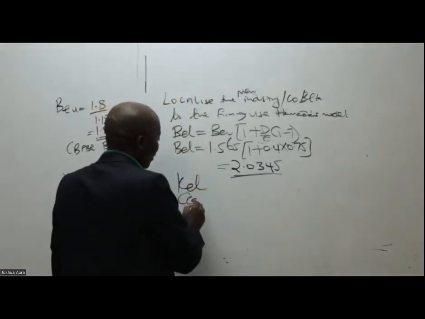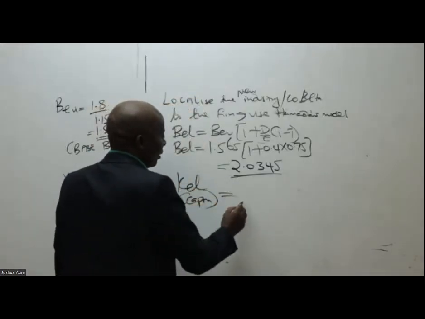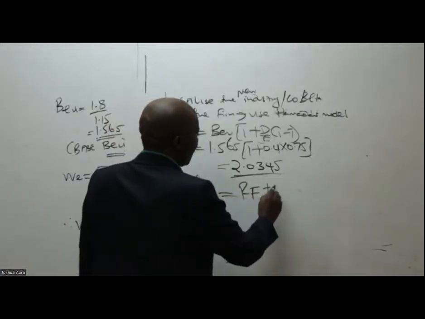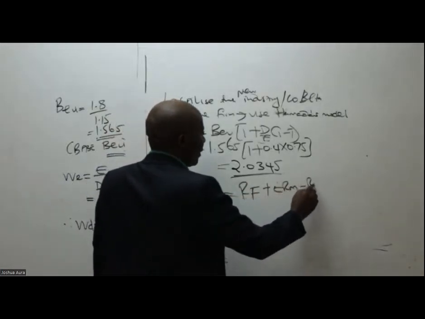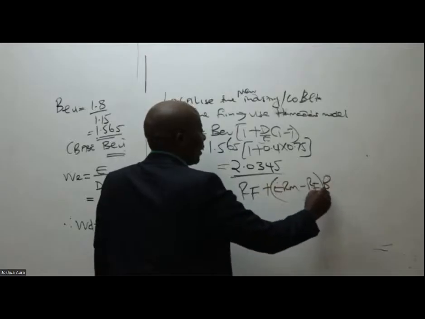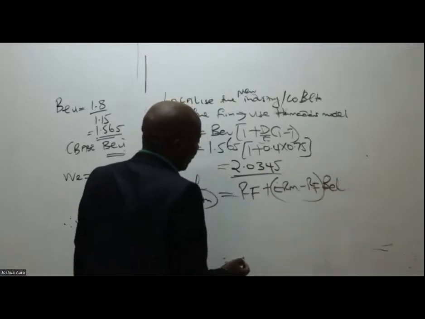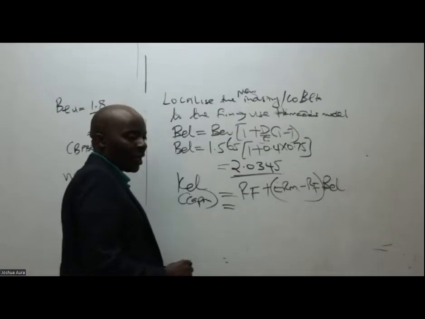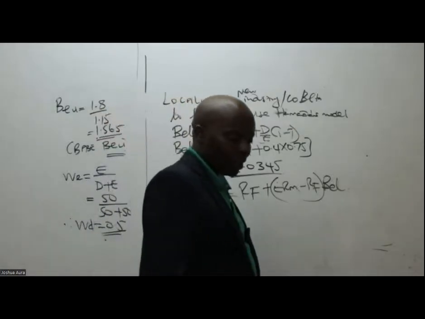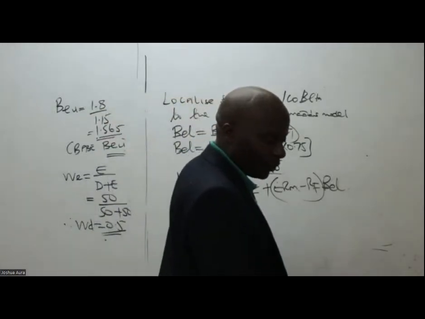So this one here will be risk-free plus the expected return of the market minus risk-free, multiplied by the beta equity of this firm that you got up there. Are you able to see the risk-free rate of return?